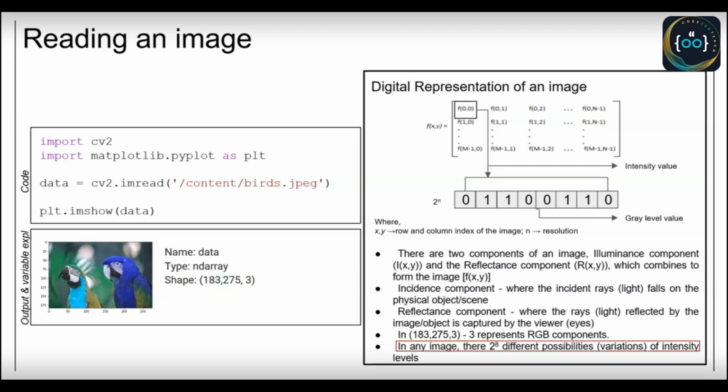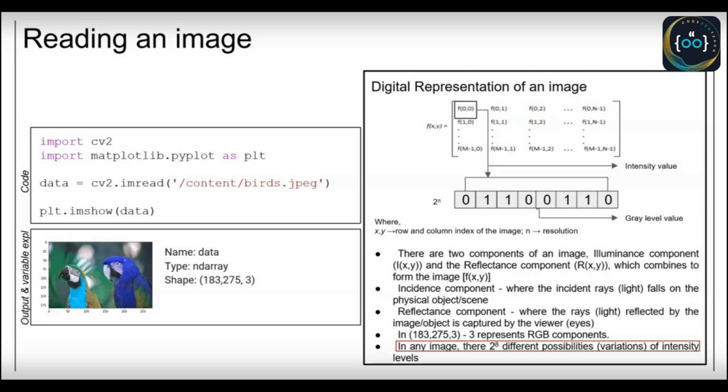Lastly, when we talk of 2 to the power 8 different possibilities of intensity levels, it means there are 2 to the power 8 different levels of brightness for each pixel. It is like having a scale of 1 to 2 to the power 8, where 1 could be very dark, like a black pixel, and 2 to the power 8 could be very bright, like a white pixel.